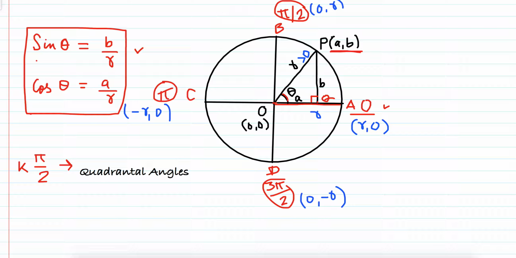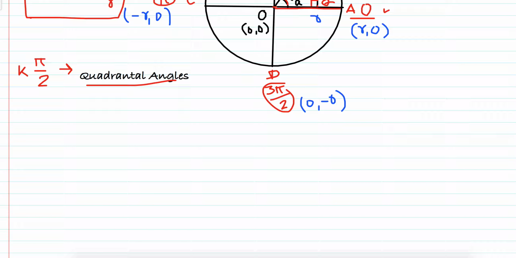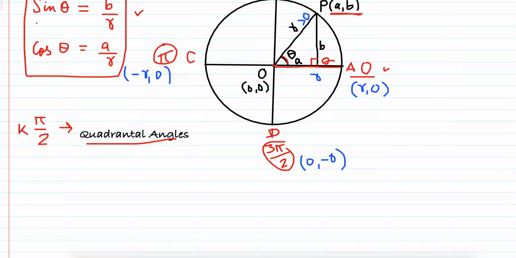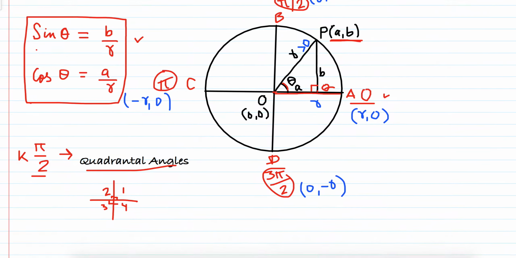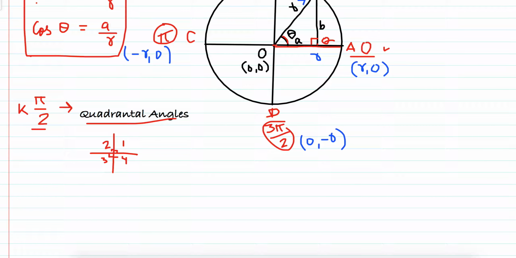Why? Because these angles divide the plane into 4 quadrants: 1, 2, 3, and 4, and each makes 90 degrees from the previous one. So all the multiples of pi by 2 are called quadrantal angles. Now we will see some properties.